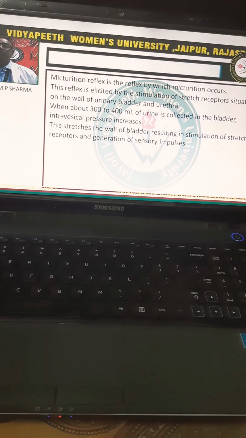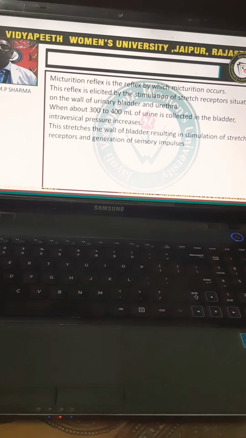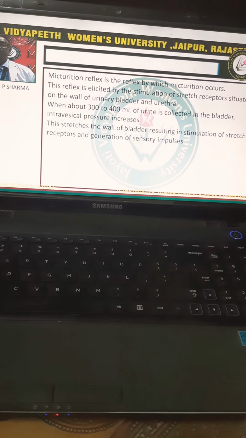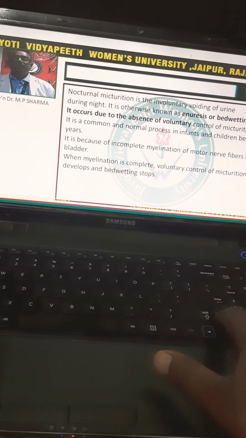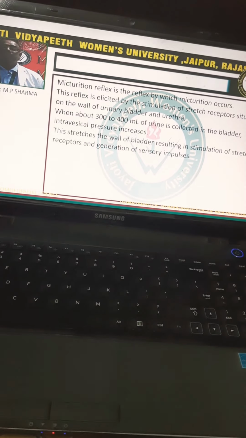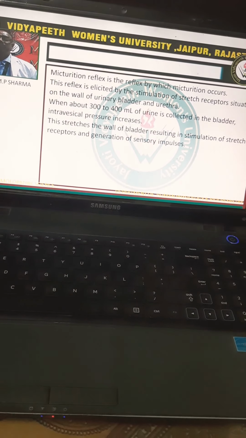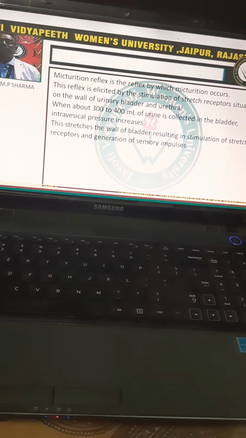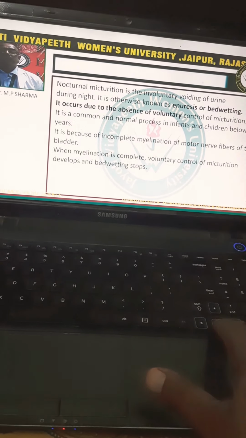When about 300 to 400 milliliter of the urine is collected in the bladder, intravesical pressure increases. This stretches the wall of the bladder resulting in stimulation of stretch receptors and generation of the sensory impulses.